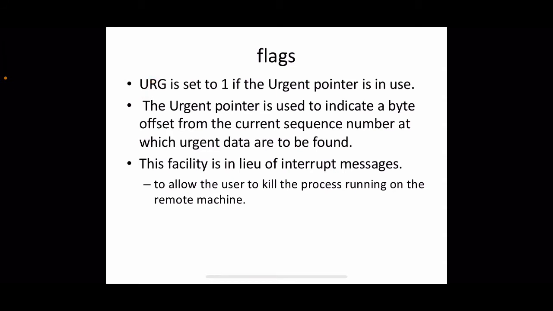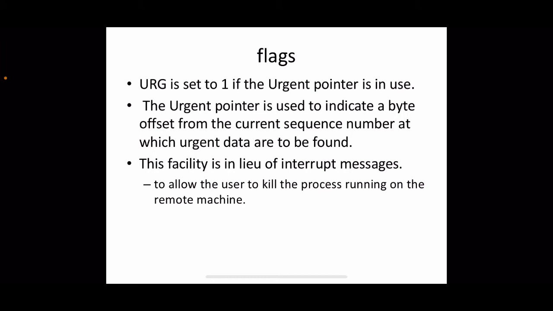The URG flag is set to 1 if the urgent pointer is in use. That is another interesting service provided by TCP: it can carry some urgent data. Urgent data means when an application has high priority data that should be processed immediately. In such a case, the segment which carries this urgent data can be notified by setting the URG flag.